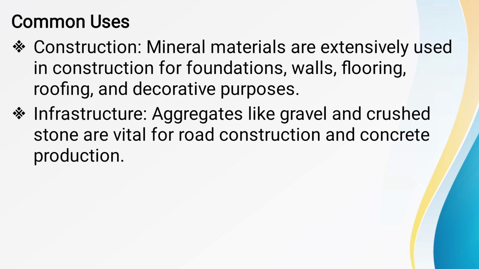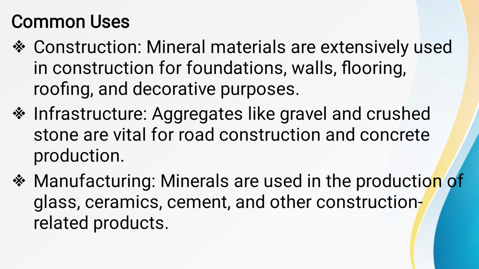When you're talking of infrastructure, we are talking of things like roads, dams. So there we have the gravel and the aggregates that will be used in construction of such structures which are not a building structure. It is an infrastructure. Then moving forward, the other common use is manufacture.